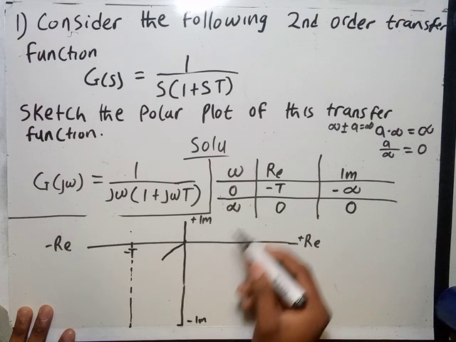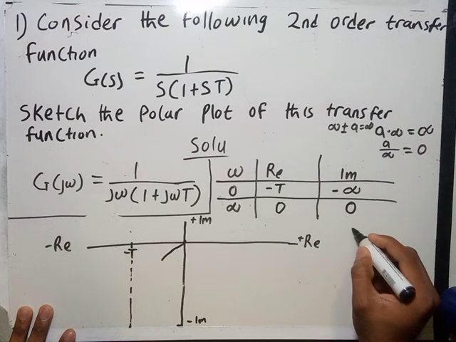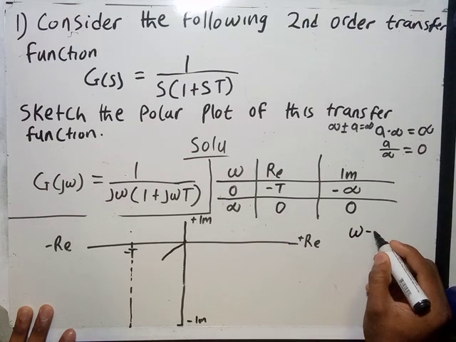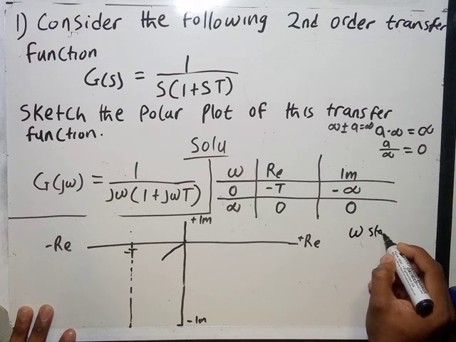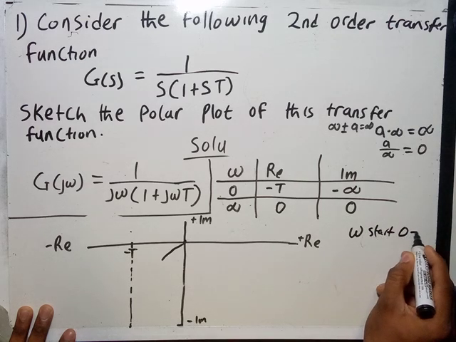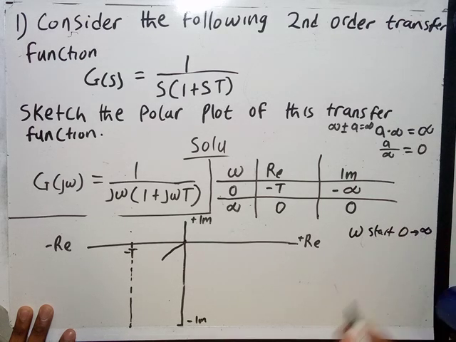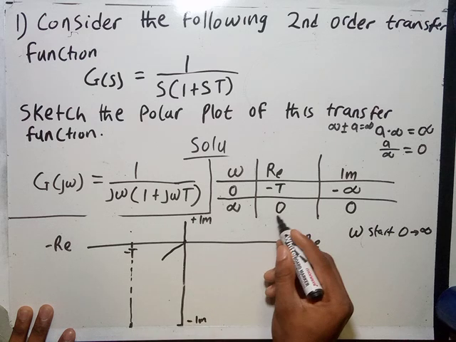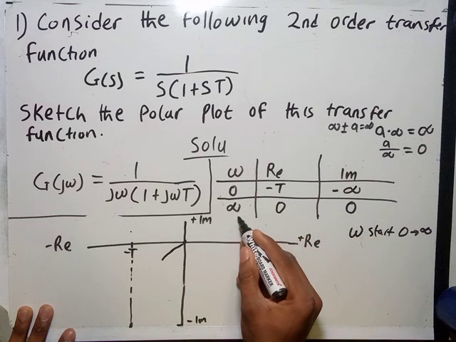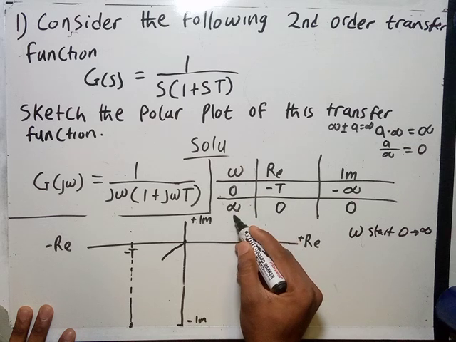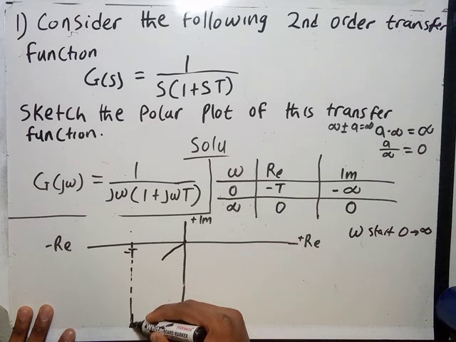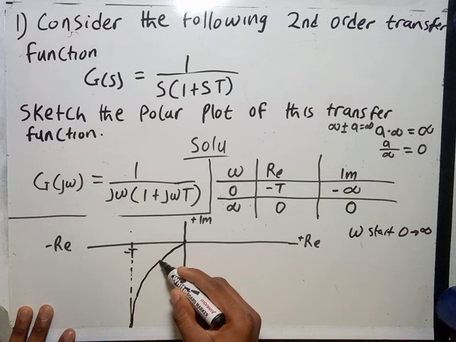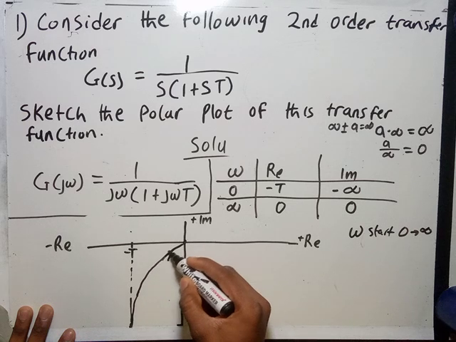So when W was 0, we're going to be starting from infinity. So let us say here is our infinity. When our W is now coming to infinity, it comes towards 0. So this is how our graph will look like.